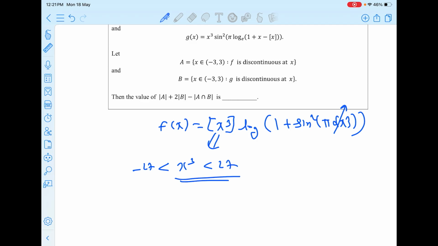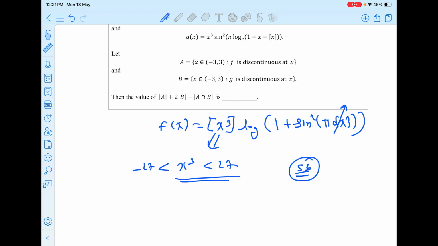So how many points do you have to check? There will be total 55 points, minus 27 to 27, but minus 3 and 3 are not included, so minus 27 and 27 are not included. So total 55 minus 2, 53 points.